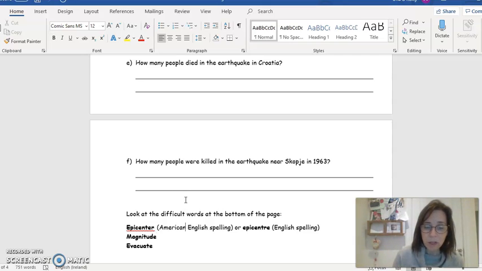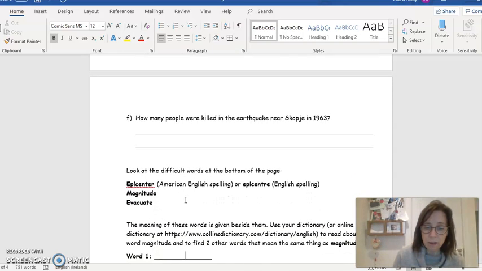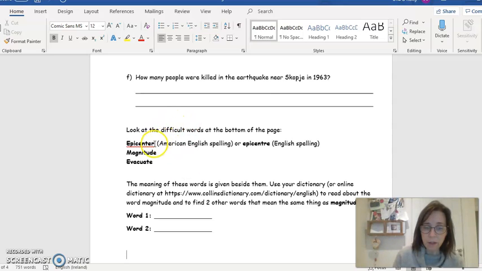Okay. The other thing that I want you to do is look at the difficult words. They're highlighted in the article. So we have epicenter, there's one, magnitude, and evacuate. Okay. Just to note, epicenter is given with the American spelling in the article.